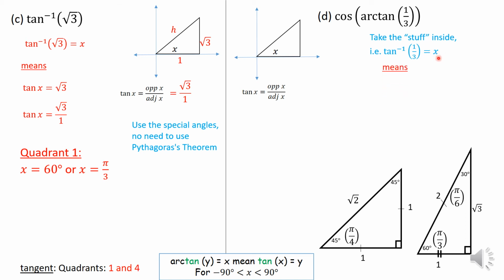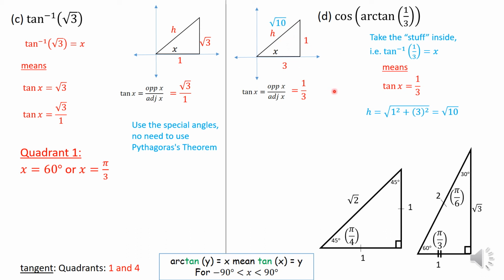All right, and then what does it mean? It means the tangent of x is equal to 1 upon 3. So that means the opposite side should be 1 and the adjacent side should be 3. In order for me to calculate the cosine, I need to find this hypotenuse. Using Pythagoras, you realize you get root 10.